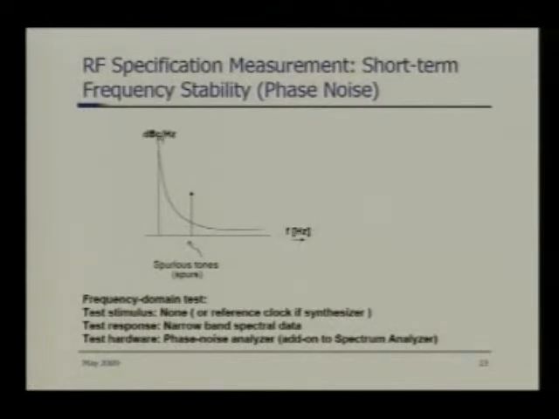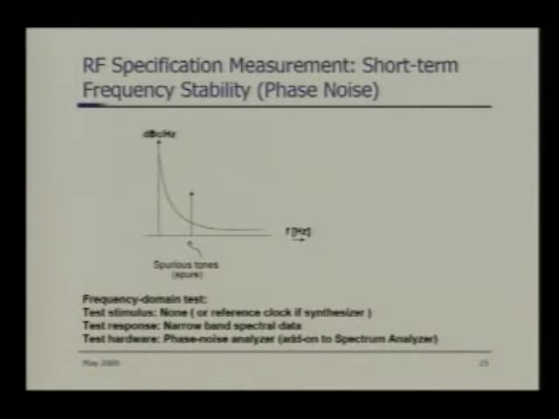So if this frequency is 1.5 gigahertz, let's say for that RF synthesizer, if it is an ideal RF output, we would not see this kind of sloping power spectrum coming out of the RF output. We would just see a single spectral line.